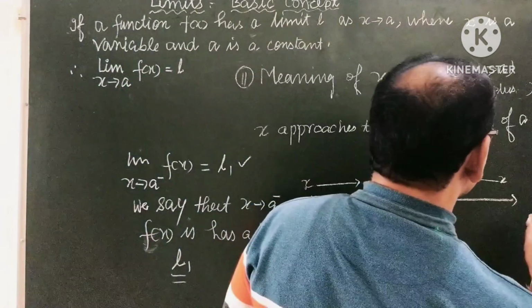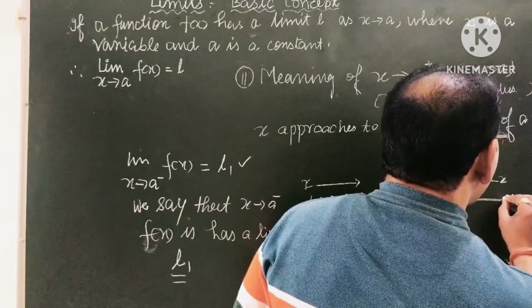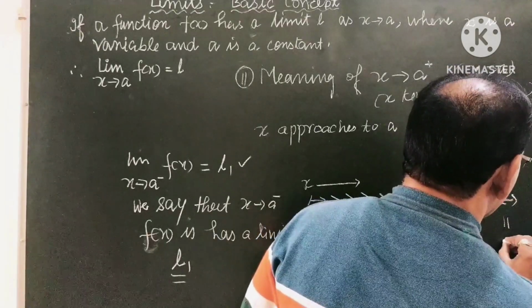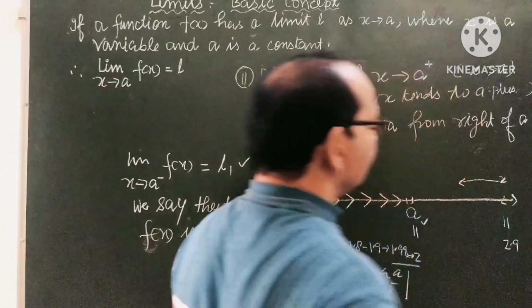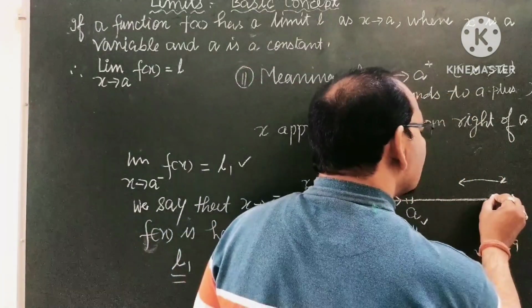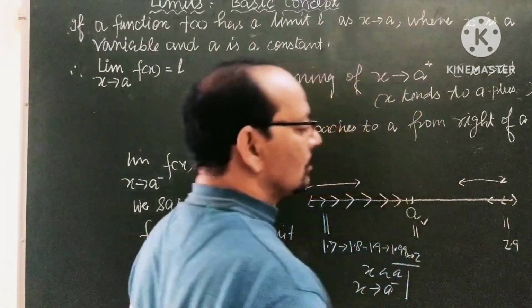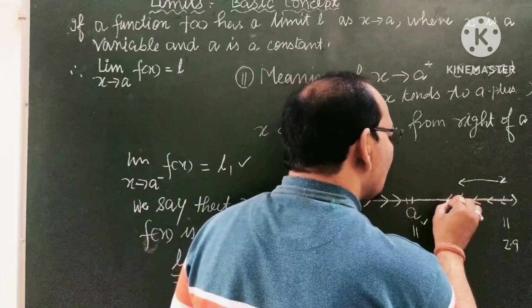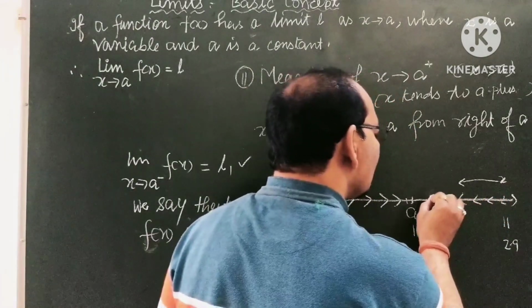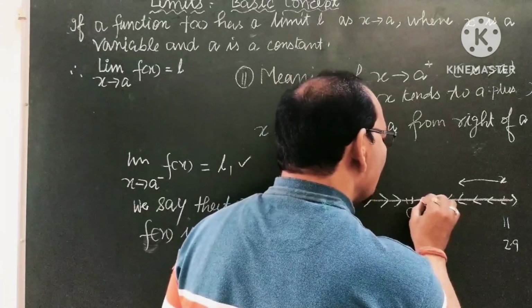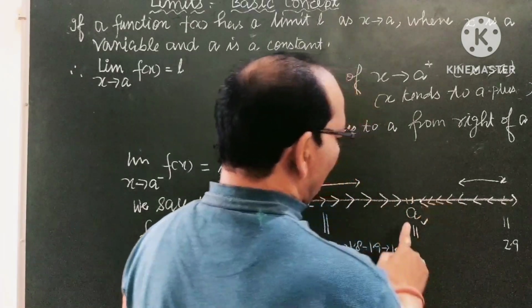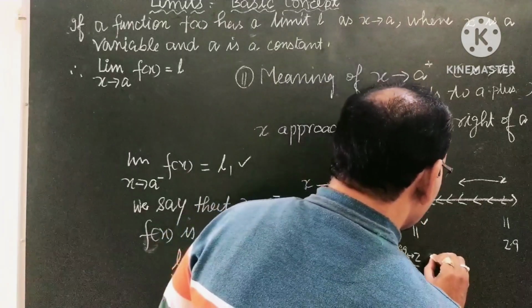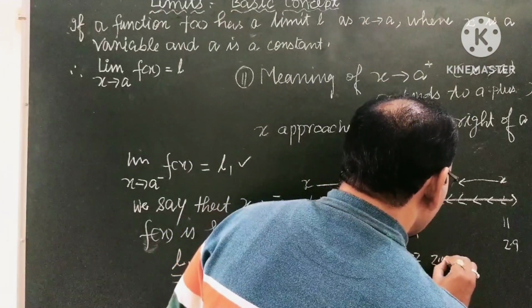If we take the value of x here, let it be 2.9, then it comes closer and closer to a. If a equals 2, then at this point it will be 2.01.